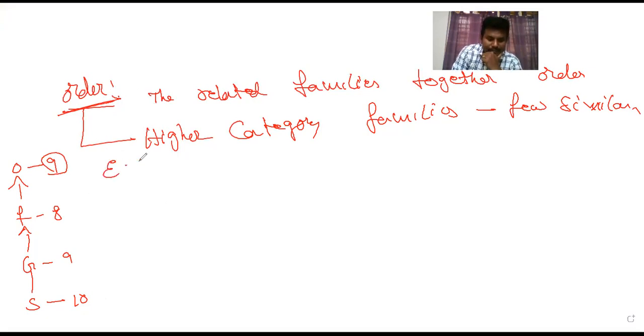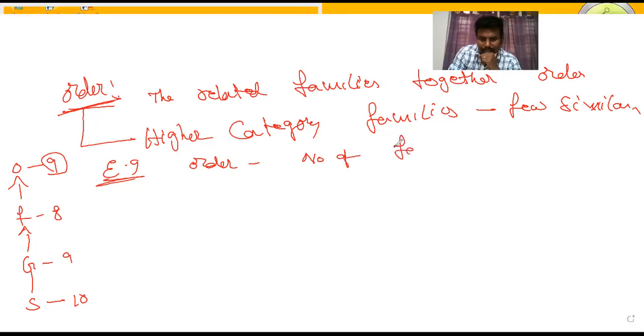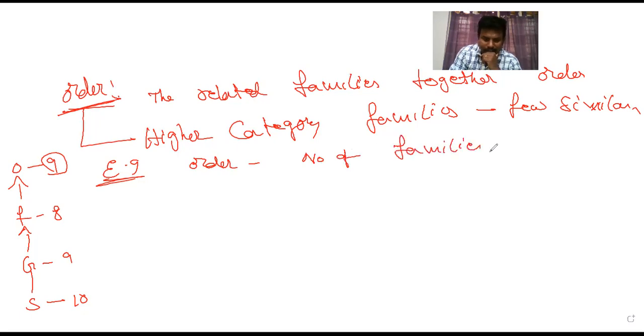For example, an order has a number of families. Here you see order Carnivora.